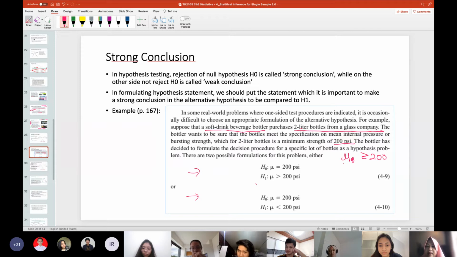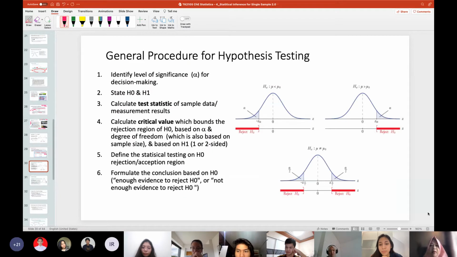That is the first claim, and then the alternate hypothesis would be less than 200. So that's the right answer. But because in the new book there is no "more than", we change it into equal to, right?